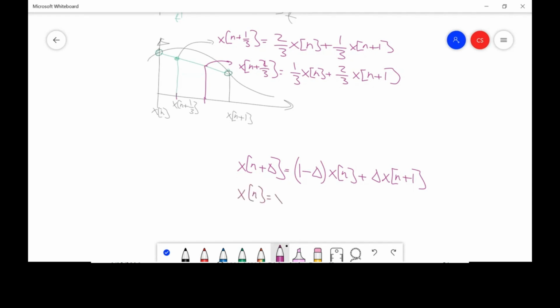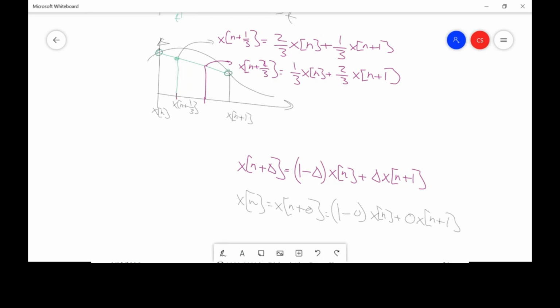So let's calculate following this formula, x of n. This is one of the ones we know. So this is x of n plus 0. So it will be 1 minus 0 times x of n plus 0 times x of n plus 1. You don't have to interpolate, you have it. So it's simply a copy. And the same here.